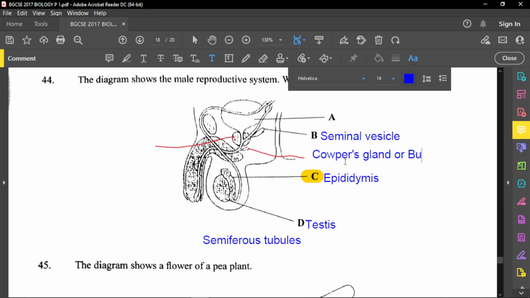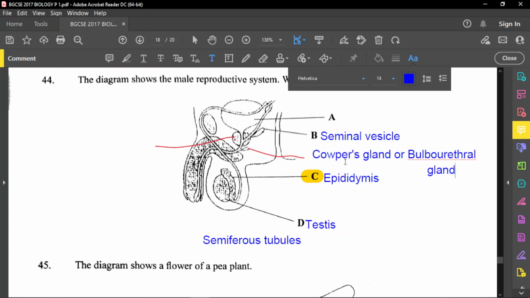Let's pronounce it: bulbourethral gland. Let me put it down and carry it all the way over. So gland is there. The bulbourethral gland is the other name for the Cowper's gland.